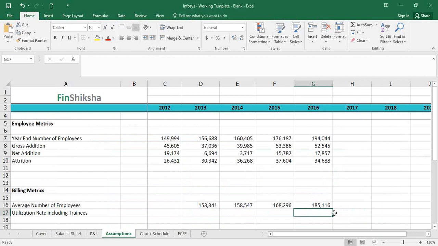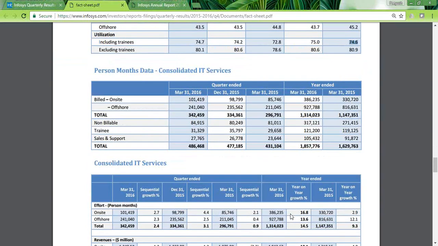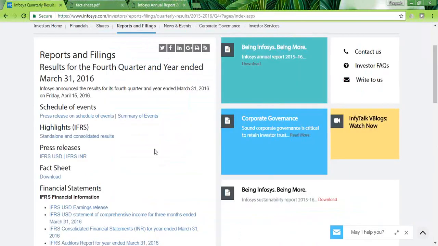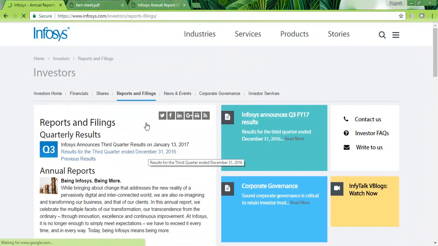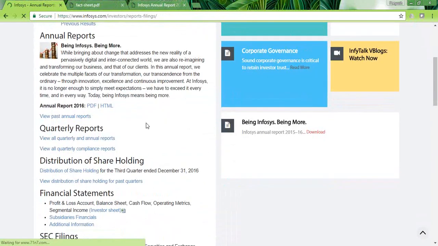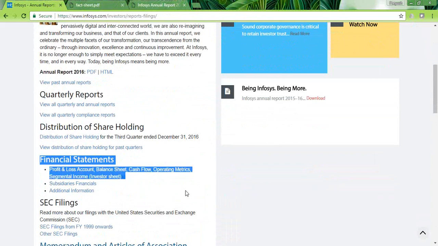Now, the other thing that happens in this set of employees is that in the calculations Infosys does, they remove a certain set of employees, which is the sales and support guys. So if we go back to the Infosys website and click on reports and filings and go down on this page, we will see a sheet called investor sheet.